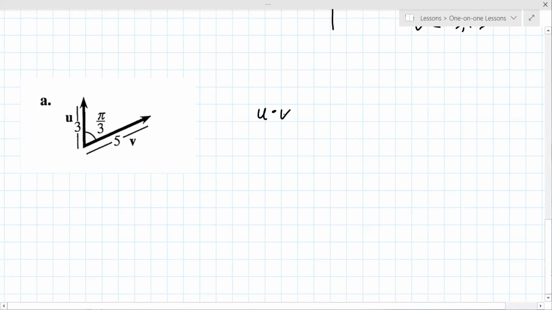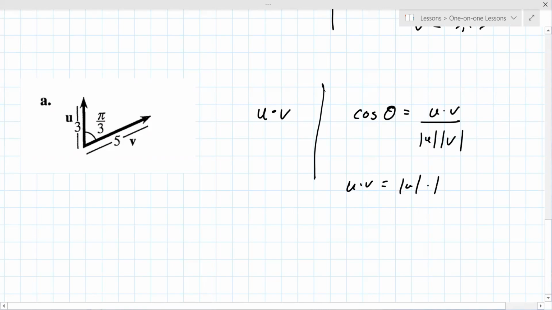Normally you just multiply this together, but now there's this formula: cosine of theta equals u dot v over magnitude of u times magnitude of v. Does that look right in your notes? Yeah. So you can use this formula, like a working backwards problem. u dot v is magnitude of u times magnitude of v times cosine of the angle between them.